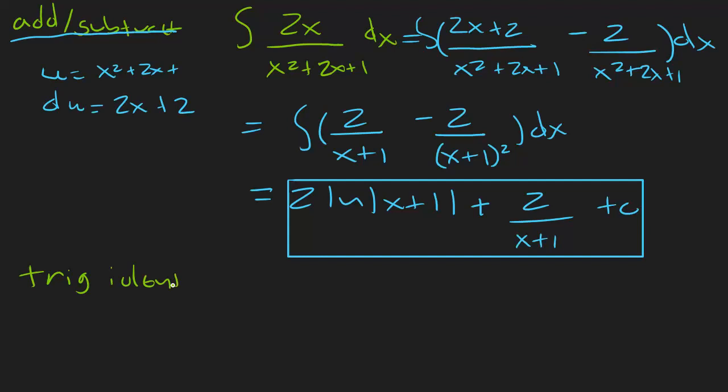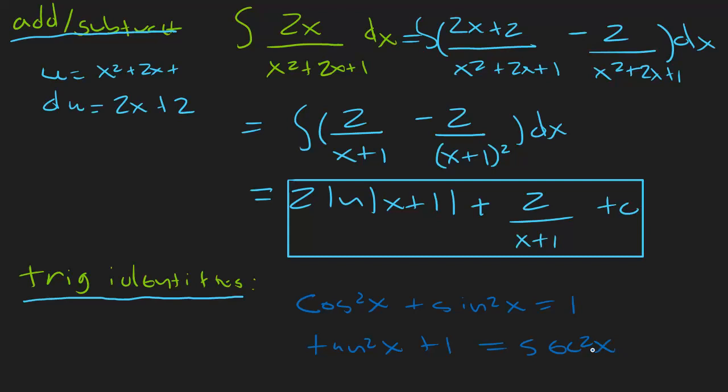Those are the ones you would have learned in trigonometry or pre-calc, such as cosine squared x plus sine squared x equals 1, tangent squared x plus 1 equals secant squared x, and 1 plus cotangent squared x equals cosecant squared x.